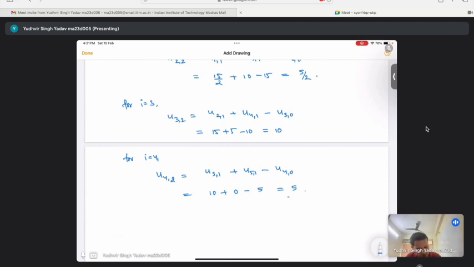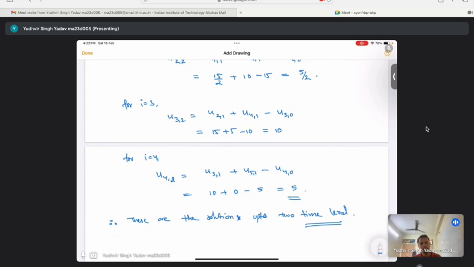So these are the required points that we have obtained. These are the solutions to the second time level or second time step using the explicit difference scheme.